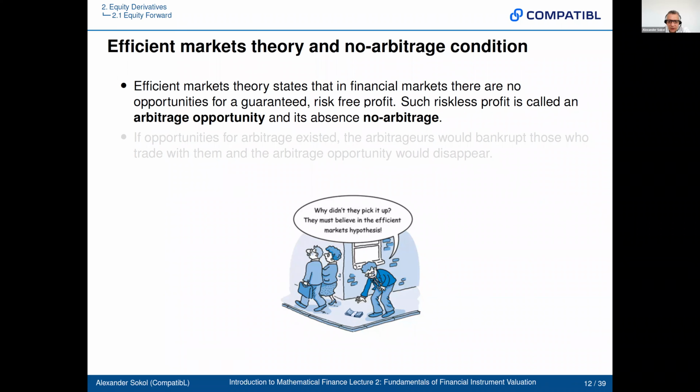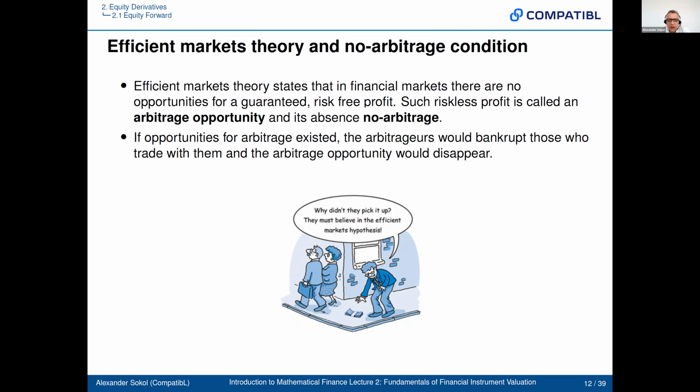And the reason it doesn't exist is because if riskless arbitrage opportunities existed, then people would find them, and the people who find them, called arbitrageurs, would bankrupt those who offer this opportunity. For example, suppose that you decided to sell stock at $1 less than the price on the exchange, right? An arbitrageur would see that you're selling stock cheaper than the price on the exchange and will simultaneously buy a share from you and sell one on the exchange. They will earn $1, you will lose $1, right?